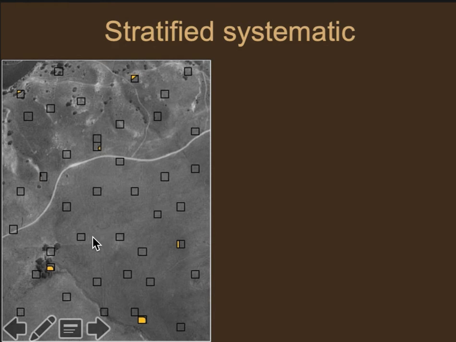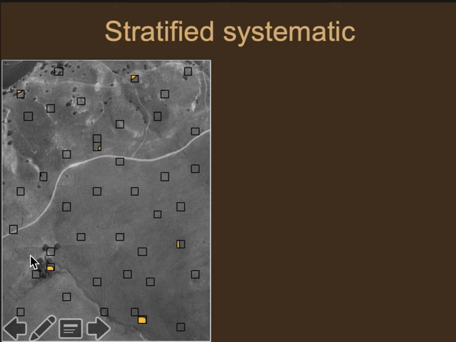So first you want to be systematic, and the way you do that is you have larger squares. Instead of these smaller squares, you divide this whole up into large squares, and this is where the stratification comes in. Let's say at the very end, you have 9 large squares.